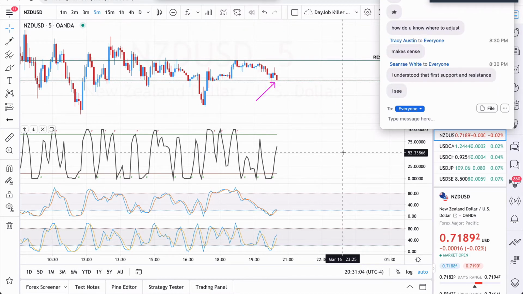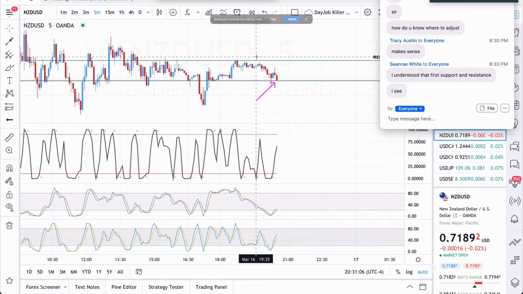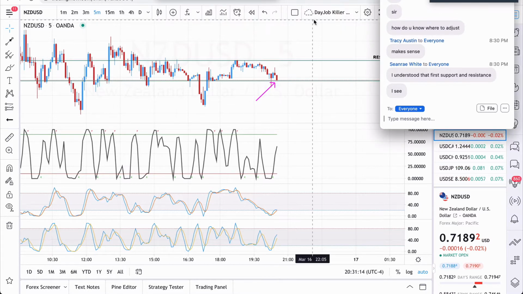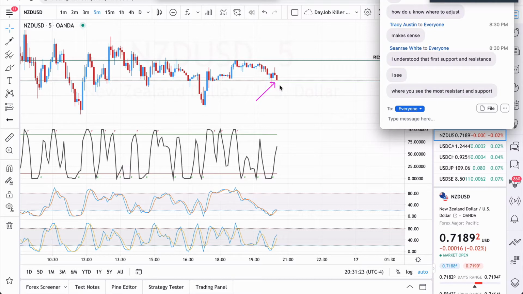So what we would be looking for is to see if price breaks out of this level or reacts again. The thing you need to be aware of on such small time frames is that price respects the support and resistance of higher time frames first.